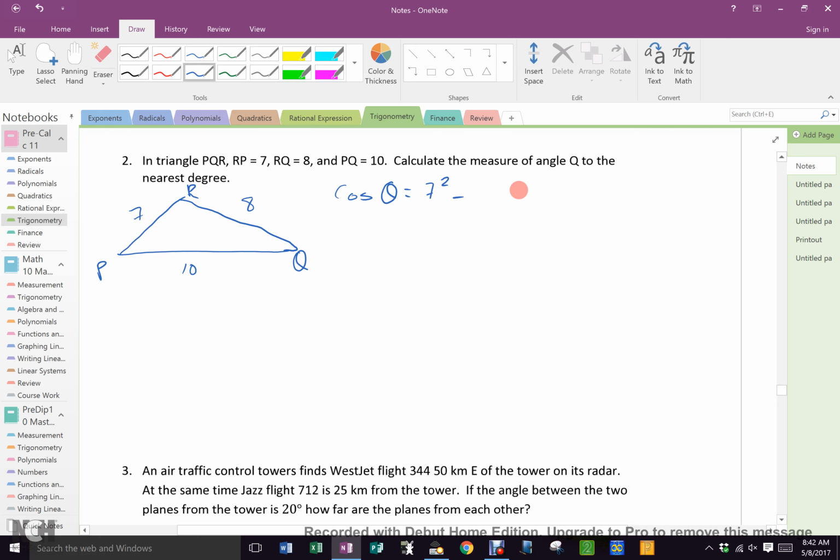Yes? So these 2 don't matter, so 8 squared minus 10 squared over negative 2 times what? 8 and 10. And then what am I going to need to do at the end of all this? Shift cos, right? So go, what do we get?